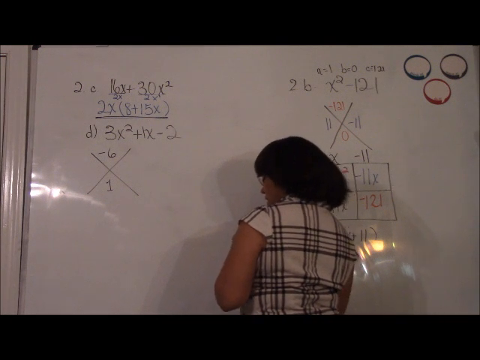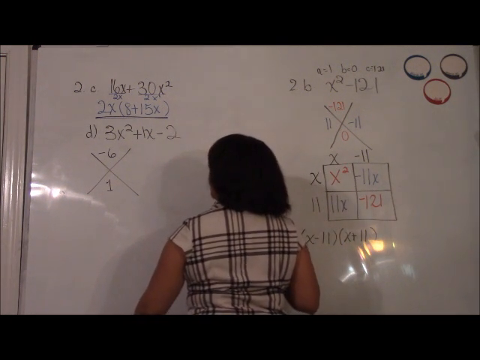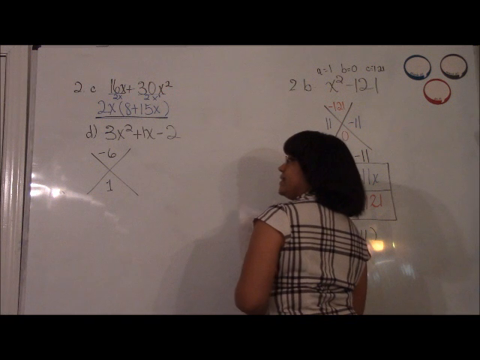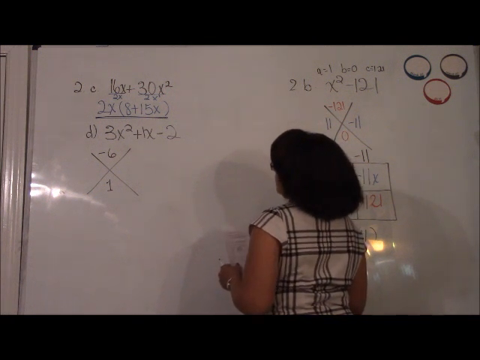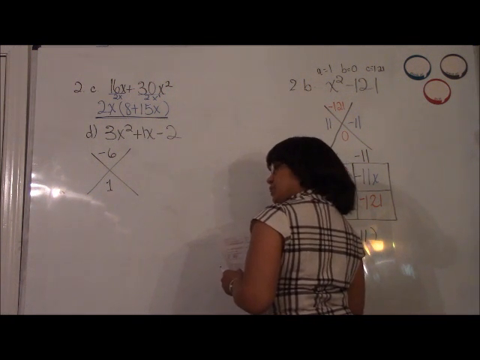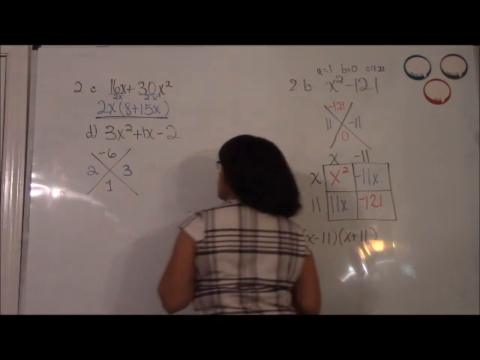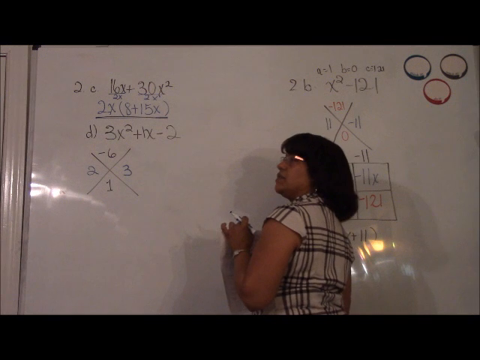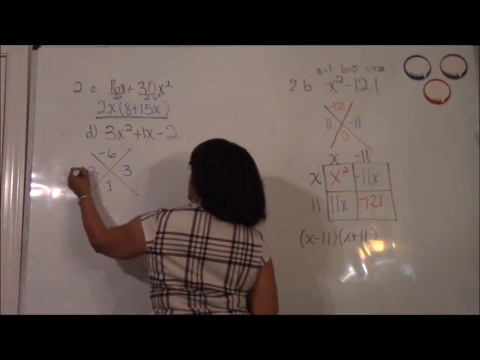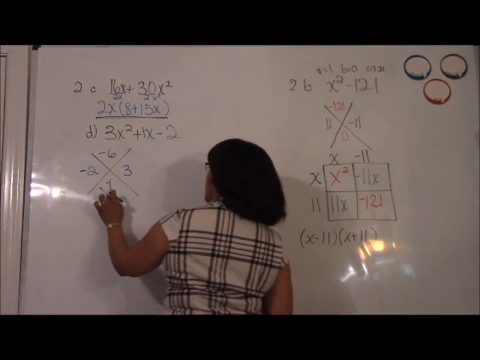Now we ask ourselves, what can we multiply to get negative 6 that we can combine to get 1? So let's think. We have 2 times 3, that's 6. Can we subtract 2 and 3 in some way to get positive 1? Well, if 2 is negative, we have 3 minus 2, and that's 1.